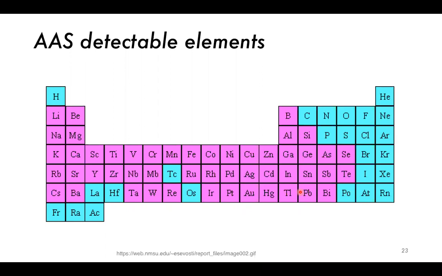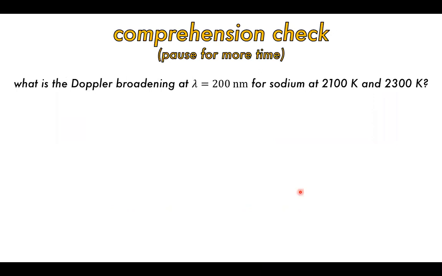So before we end, let's go through our comprehension check. As always, I'll read out the question, then I'll give you a handful of seconds to try to do it yourself, and then we'll go through the answer together. We're asked, what is the Doppler broadening at around 200 nanometers for a sodium line at both 210 degrees Kelvin and 230 degrees Kelvin?